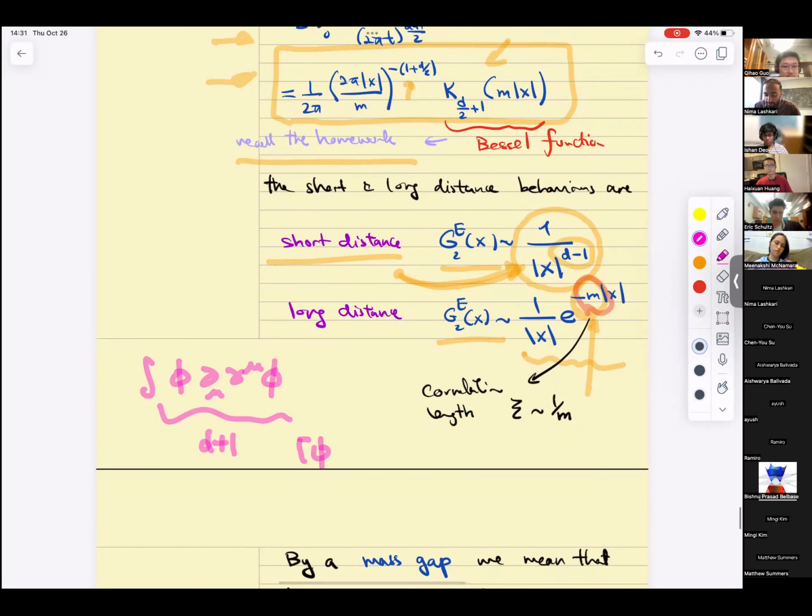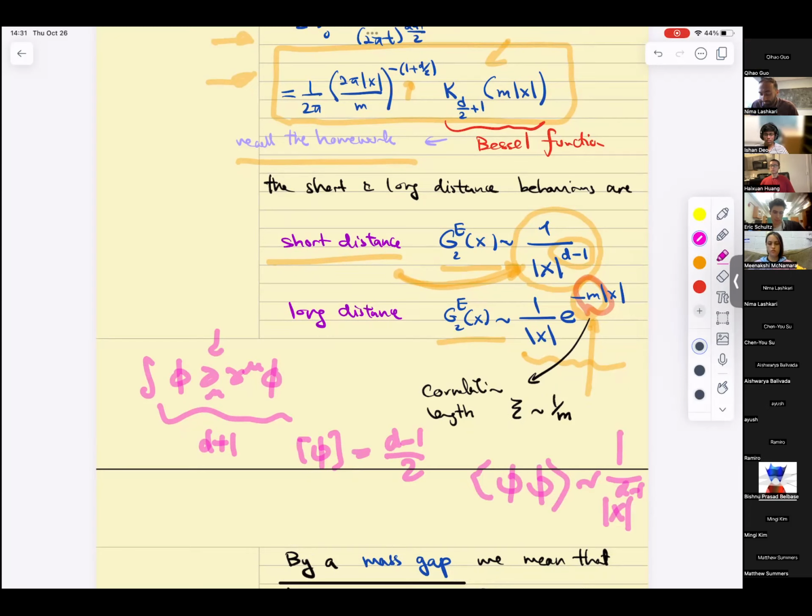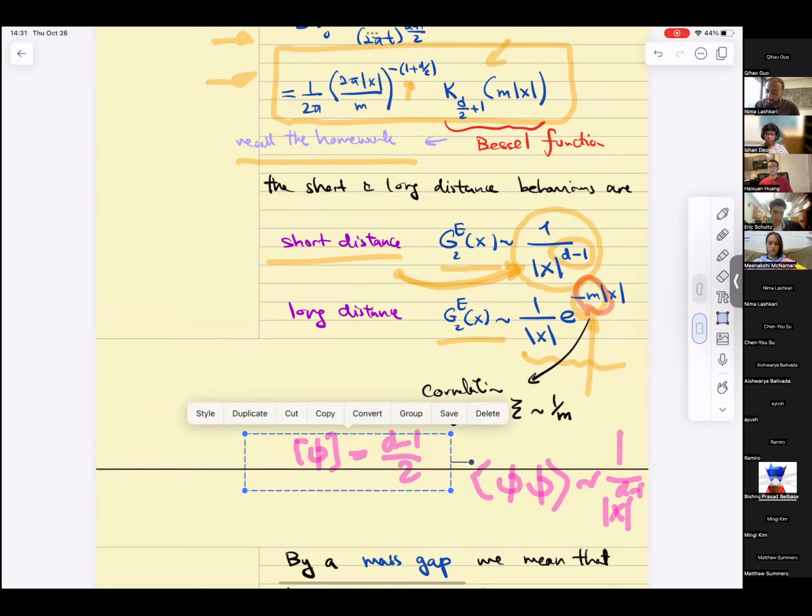So what is the dimension of phi? The dimension of phi is (d minus 1) over 2, because derivatives are worth dimension 1. Which means that the 2-point function of phi should be 1 over x to the power of d minus 1. Just dimension counting. Dimensional analysis fixes this for you. Maybe this was quick, but you can work it out for yourself and see that it's true.